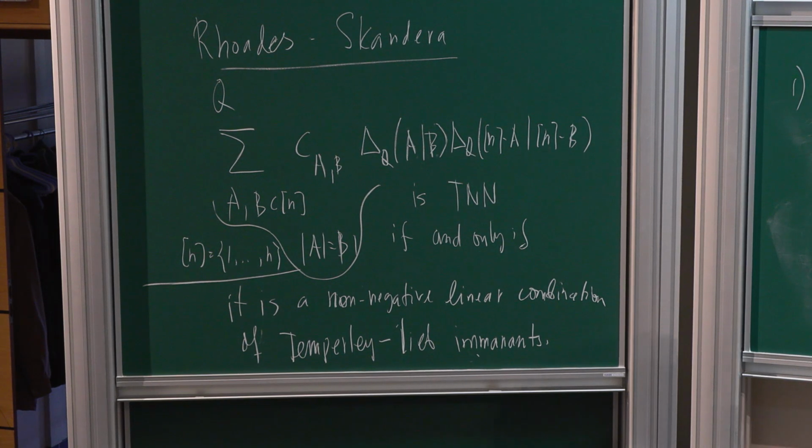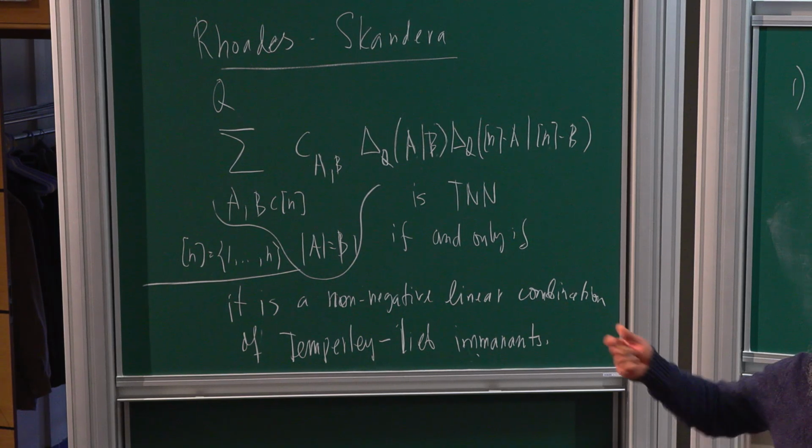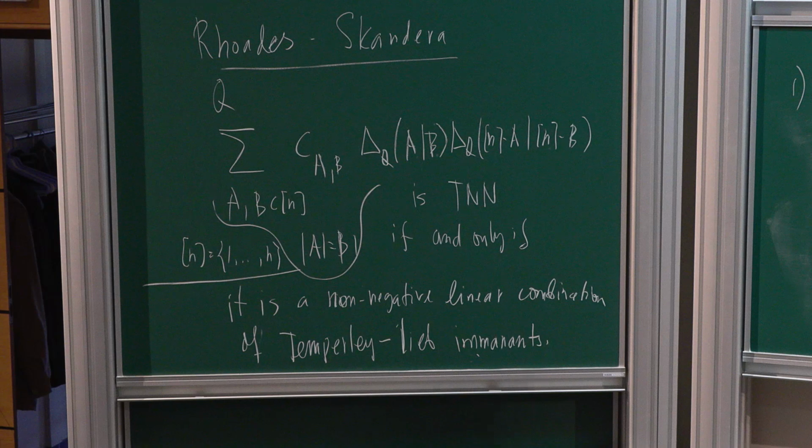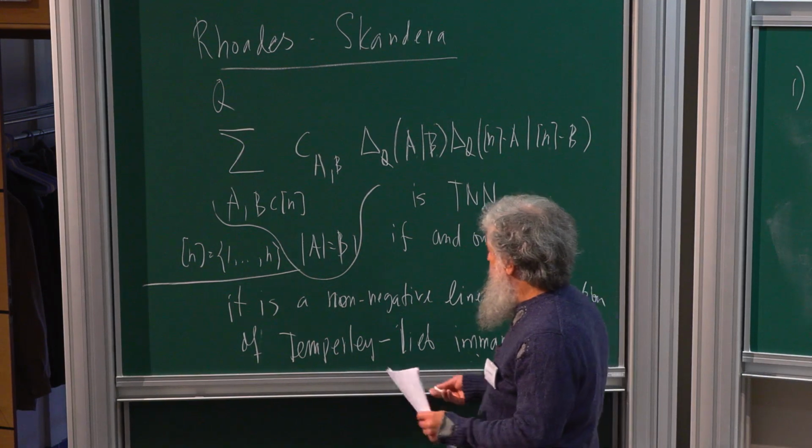Gleb, just to be sure: any submatrix of a TNN matrix is itself totally non-negative? Yes, because you consider all minors. Okay, good. But then you wrote this formula, which is a sum, and you say that this is totally non-negative.